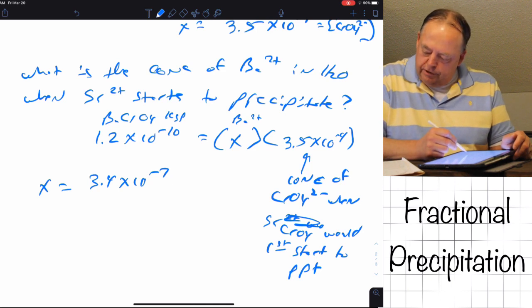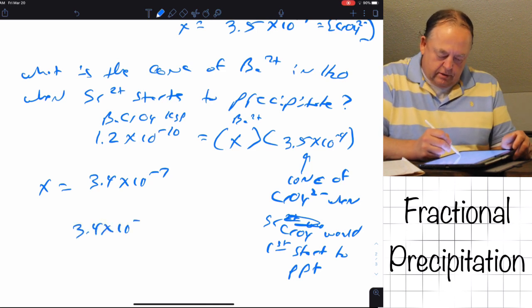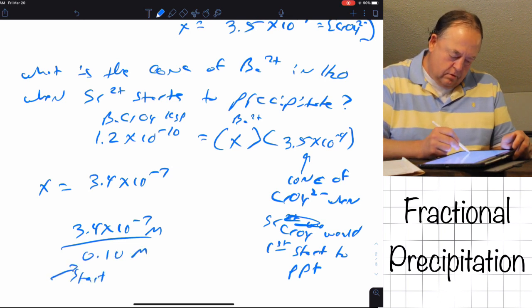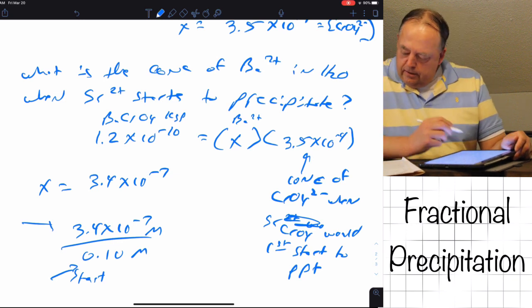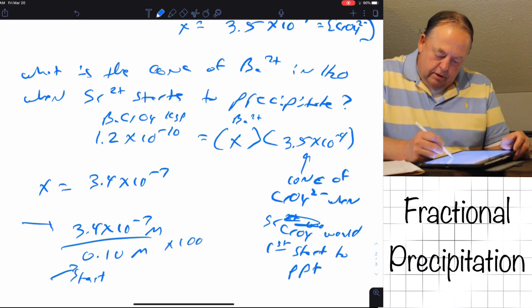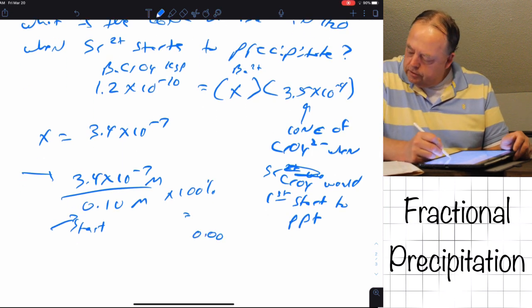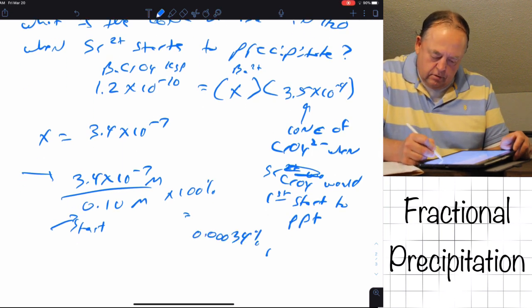Then if we take the ratio, 3.4 times 10 to the minus 7 molar divided by what you started with, times 100%, that equals 0.00034%.